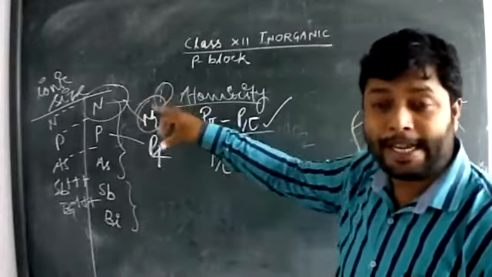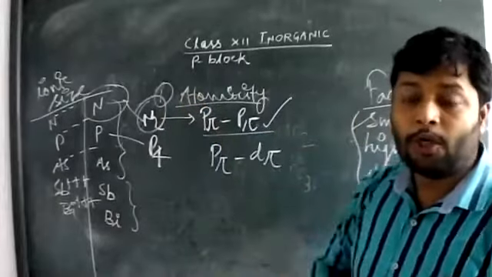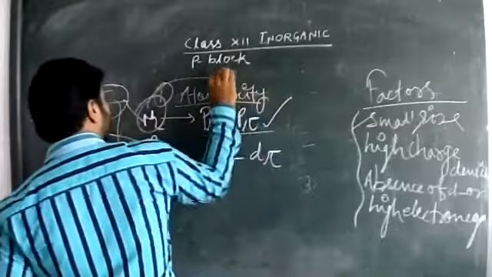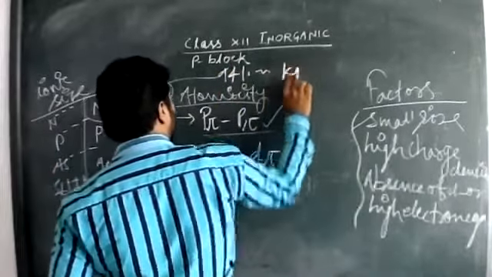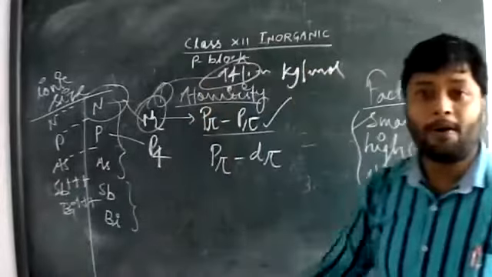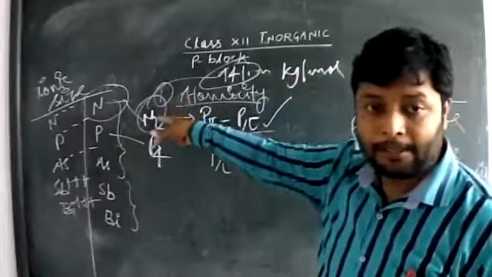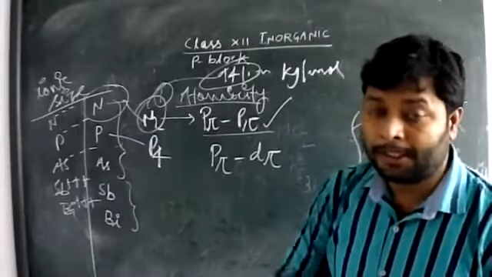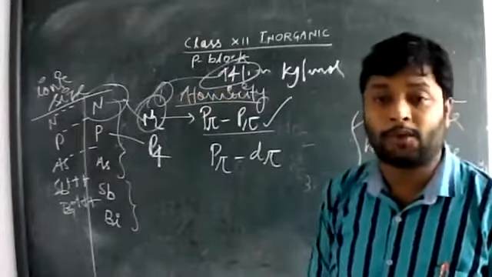Because of the inertness of nitrogen, look at the bond enthalpy value, 941 point something kilojoule per mole. At room temperature, it is not easy to break that bond, and that's why nitrogen is inert.